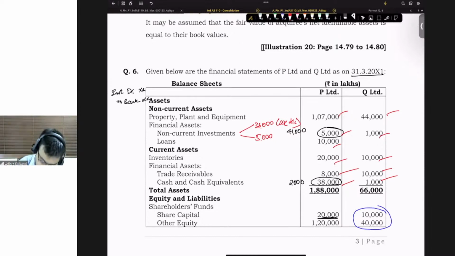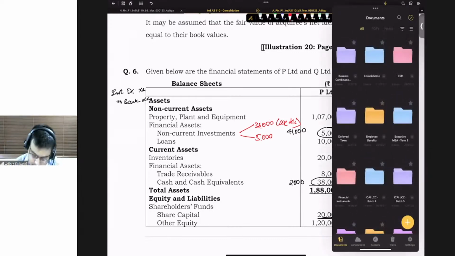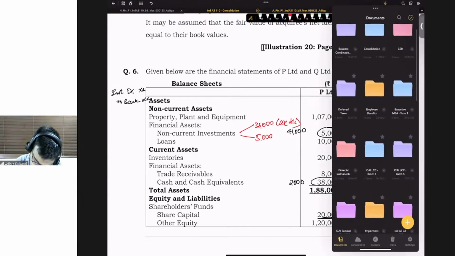We have also recorded equity capital of the parent as well as the other equity of the parent. So we are now left with only two things, equity as well as reserves, for which we will have to do the allocations. Equity will be going to the parent as well as the NCI, 70% and 30%. Reserves also will be distributed accordingly. Okay, so now let us start this game.